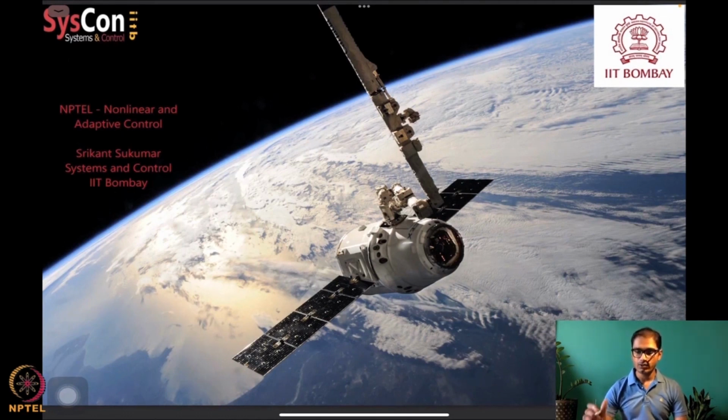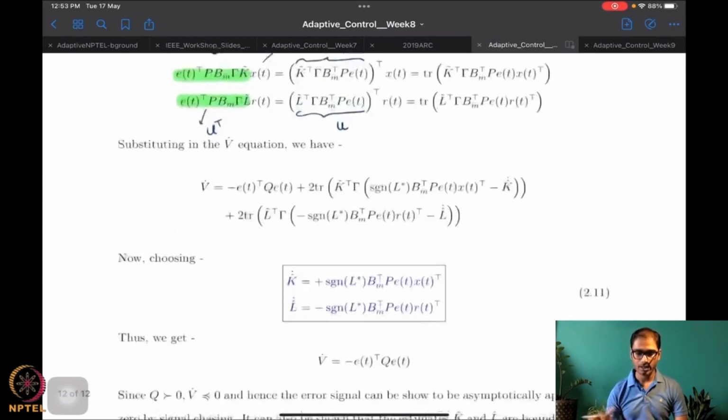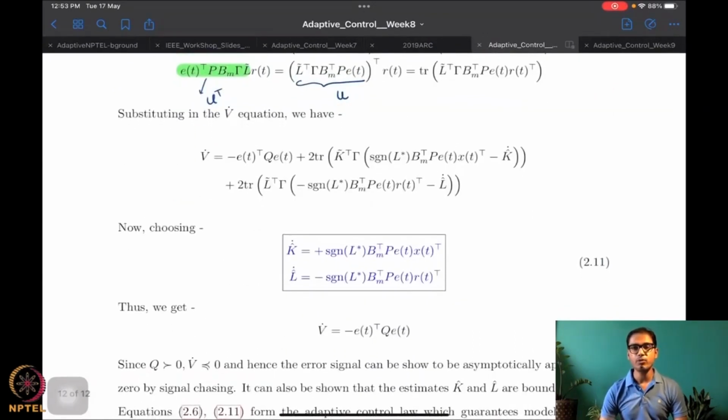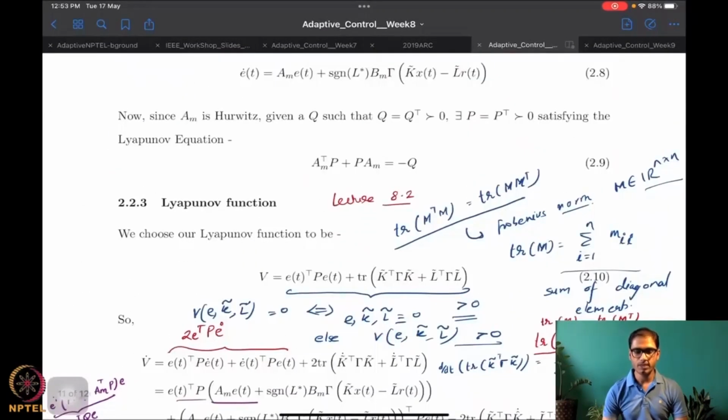All right. So what we were doing until last time is basically completing the proof for model reference adaptive control. Model reference adaptive control was a paradigm for adaptive control of linear systems, which is a very popular and very well known and very well cited and even used set of methods in adaptive control.